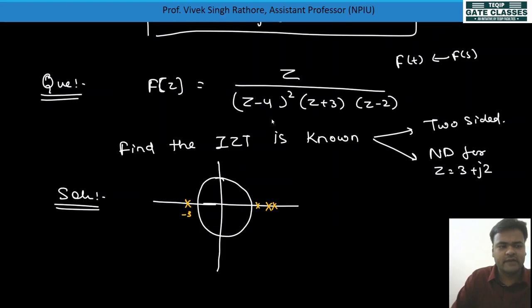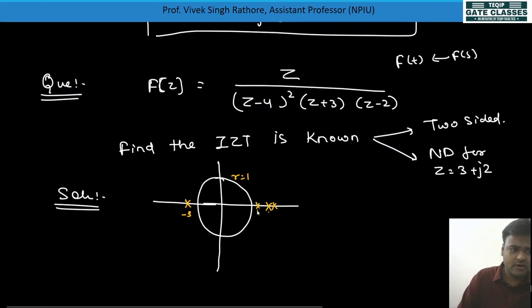Actually in the z plane, z is equal to plus 4 or minus 3, these values are not on the left-hand side or right-hand side. I'm just plotting like this only. The mod value represents the radius of the circle. So minus 3 means a circle of radius 3, a circle of radius 2, and a circle of radius 4 will be there, but all radii are outside of r equal to 1, as you can see.